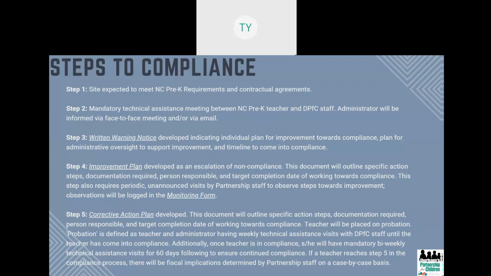At this point, you also will be subject to periodic unannounced visits by partnership staff to observe these steps towards improvement. So this is to make sure that you are actually completing those steps that are outlined and agreed upon in this improvement plan. They'll be logged in the monitoring form.